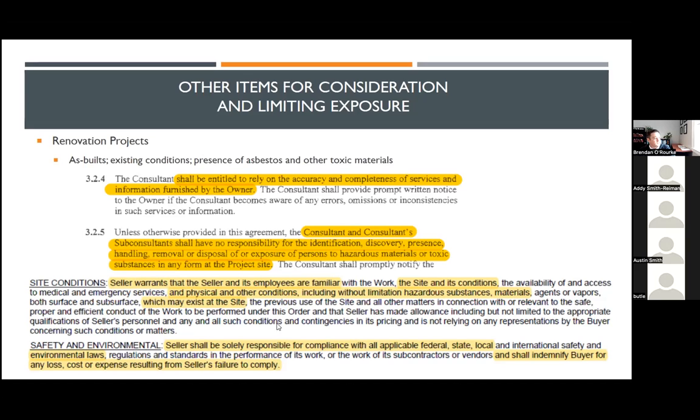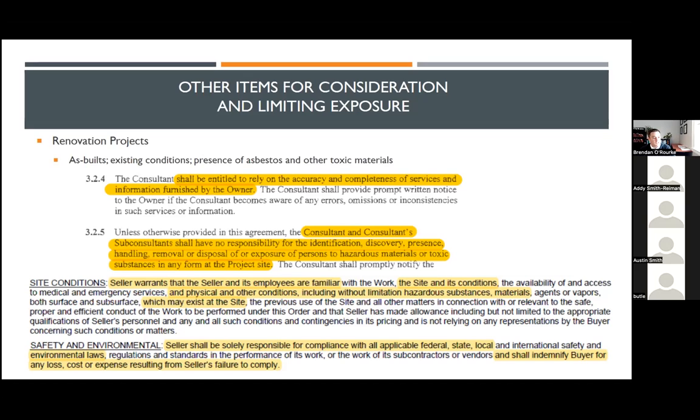That same contract goes on to say that the seller, again, the design professional, shall be solely responsible for compliance with all applicable federal, state, and local laws, including environmental laws. And so I could see a claim or an area there where if there's asbestos on site, the owner's going to be looking at that and saying, hey, you're responsible.